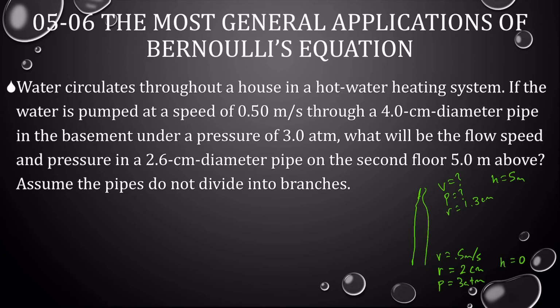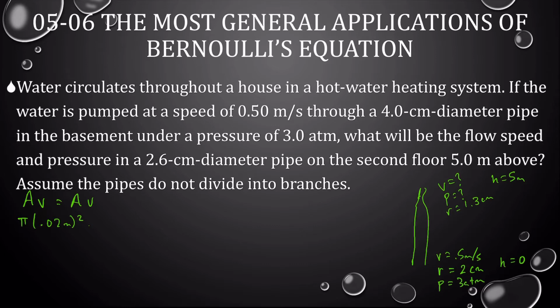Well, to start off by finding the speed, let's use the equation of continuity, because I know the area and speed in the basement, so I can find the area and speed in the top. So our area is pi times the radius, which should be in meters, squared.